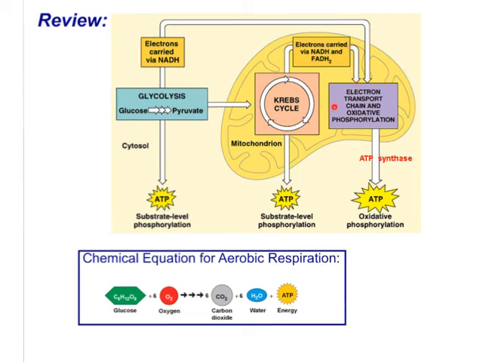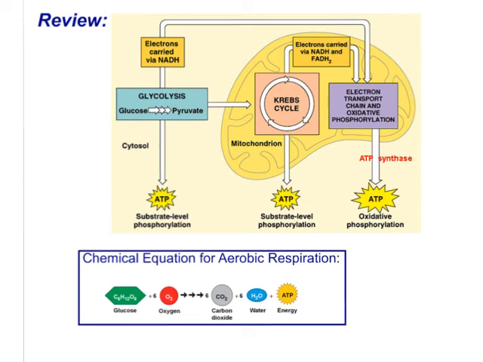And the third step then is our electron transport chain, where we use those electrons produced by glycolysis and the Krebs cycle, and we get a whole bunch of energy that comes out of this process. In this process, remember, we must have oxygen or it will not happen.